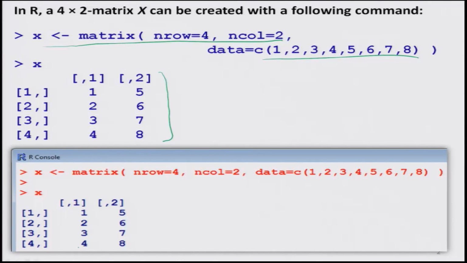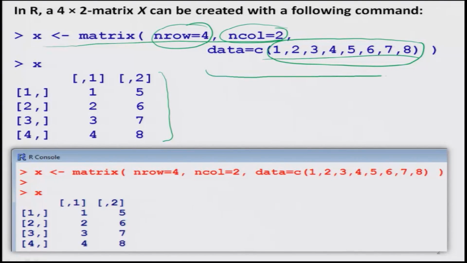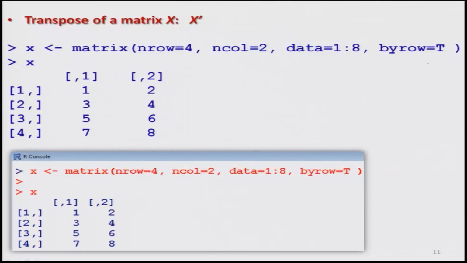Here I had taken this matrix where the number of rows is 4, the number of columns is 2, and the data values are the integers from 1 to 8: 1, 2, 3, 4, 5, 6, 7, 8. Now, I am trying to show you another way by which I can rewrite this data section briefly using another command, right.